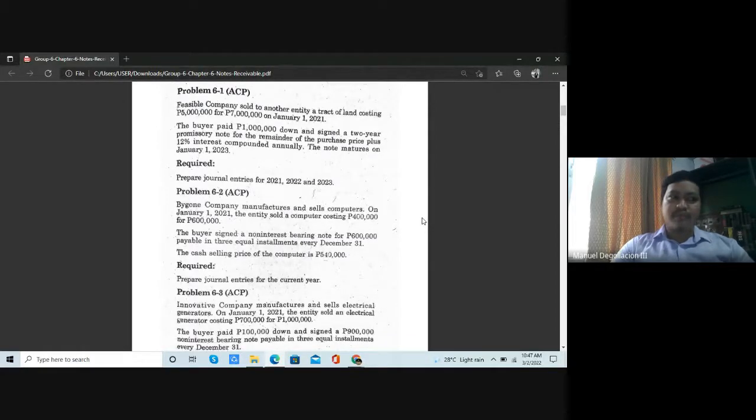So your notes receivable could actually go beyond 1 year, beyond your normal operating cycle. Whereas your accounts receivable normally would have to be paid within a shorter period of time. Even 1 year would be considered long already for the collection of your accounts receivable.